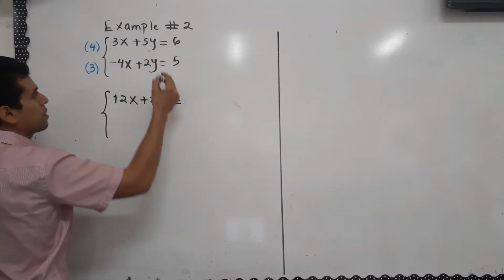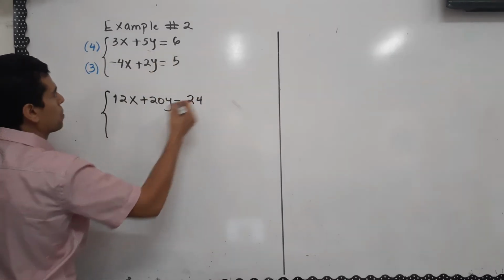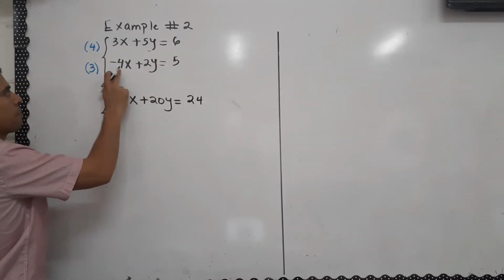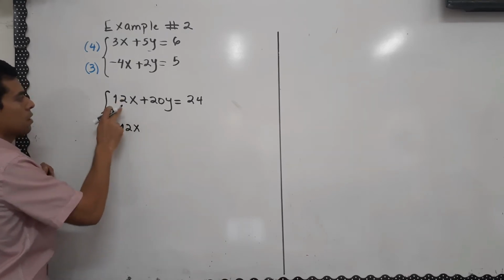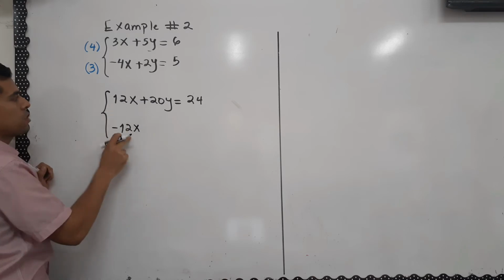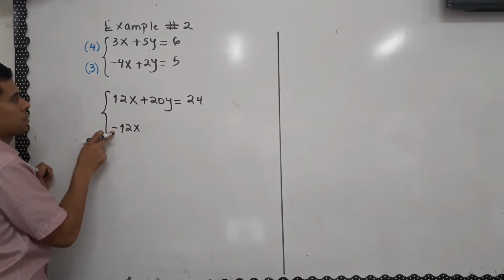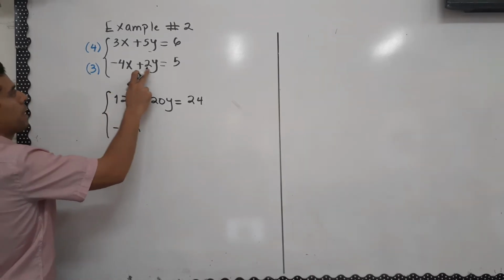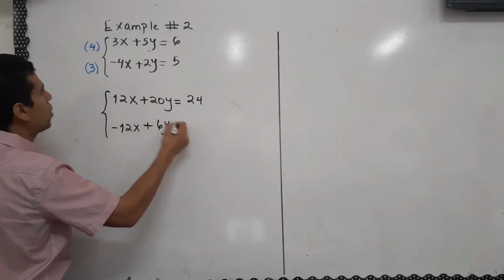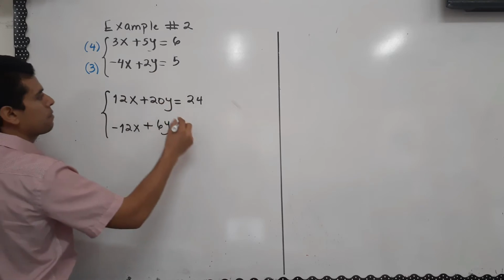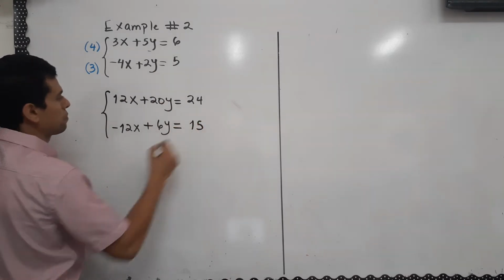And 4 multiplied by 6 is 24. 3 multiplied by 4 is going to be negative 12. And look, here we have the same coefficients and opposite signs. 3 multiplied by 2 is going to be 6y equal, and 3 multiplied by 5 is 15.